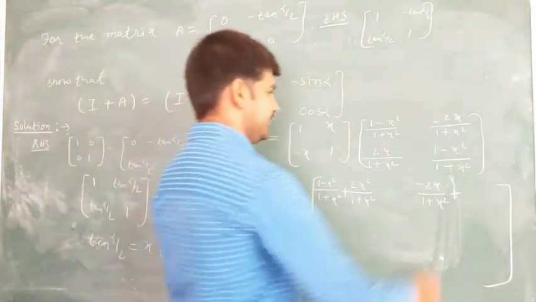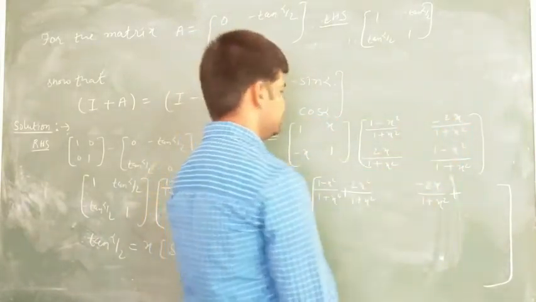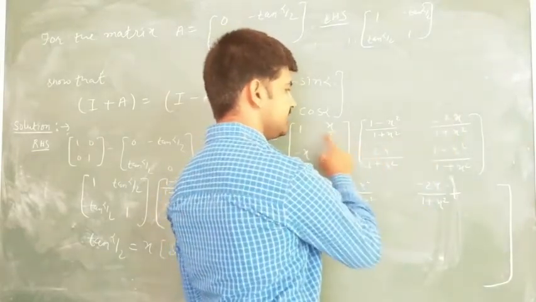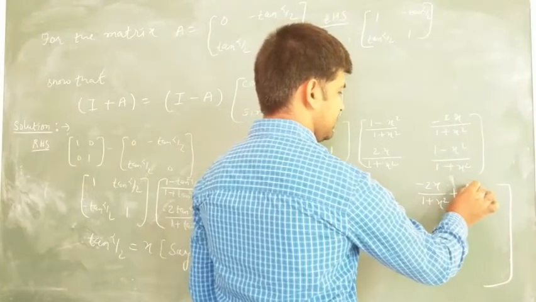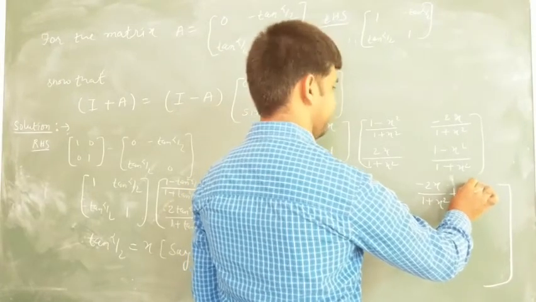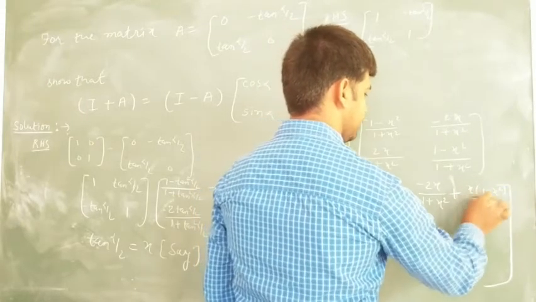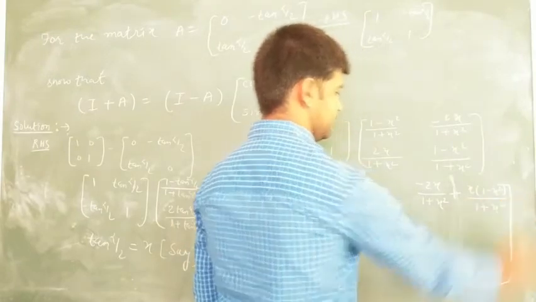So it is the first row being multiplied by the second column. 1 multiplied by this one has been written, and x multiplied by this one. So it is x times 1 minus x squared over 1 plus x squared.